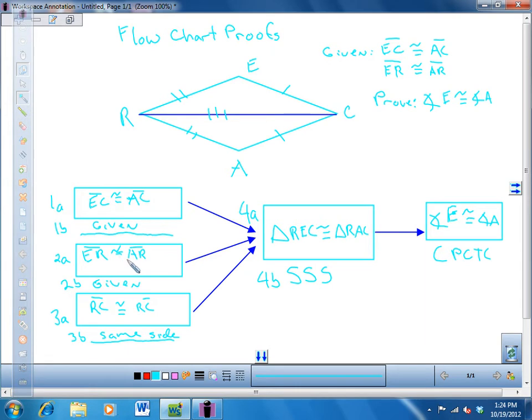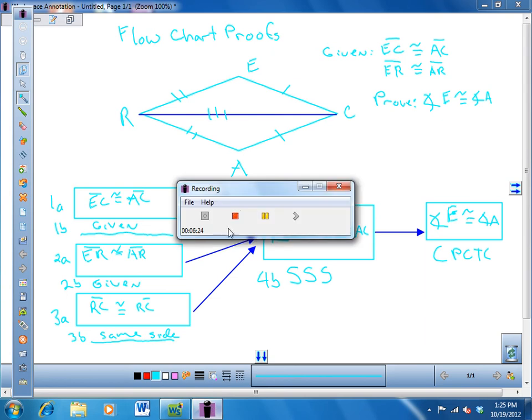That's a pretty straightforward, easy flowchart proof, right? Good. I like flowcharts because they show your thinking, and it's easier than writing a paragraph if you don't like to write. Okay, so I'm going to pause here while I draw my next picture.